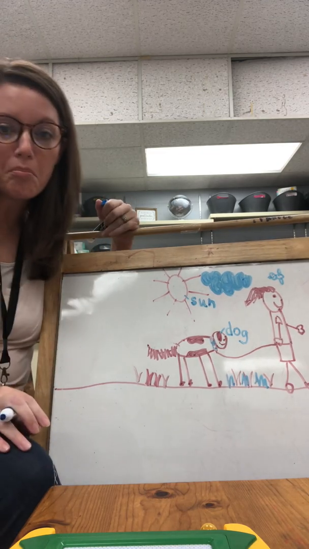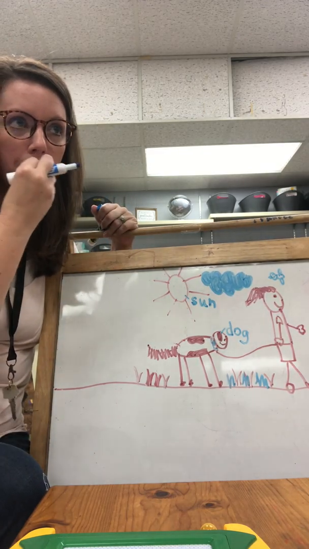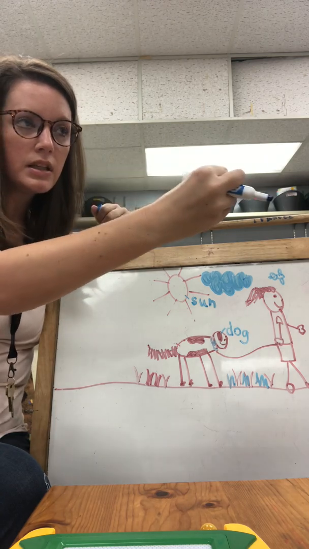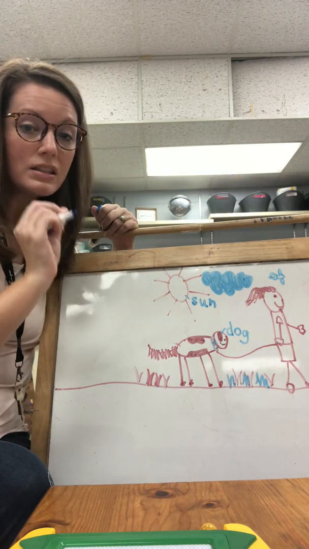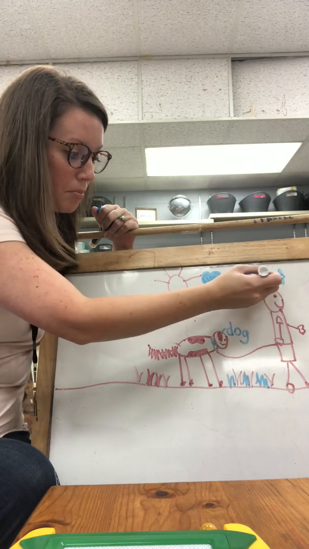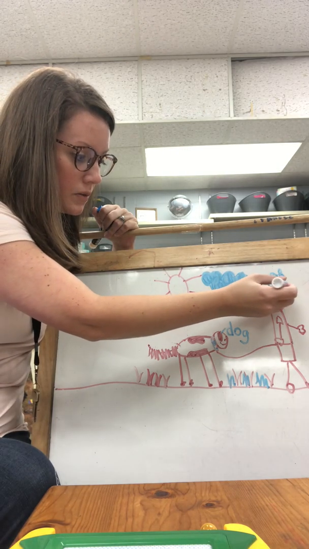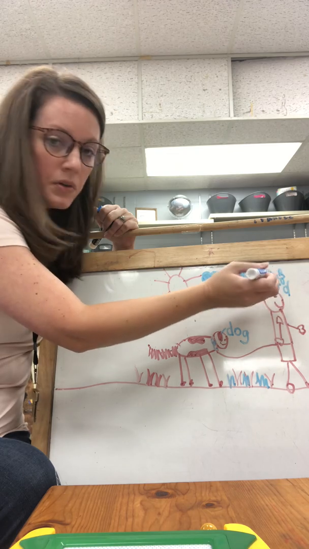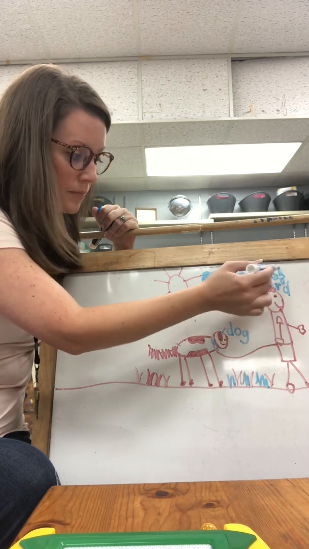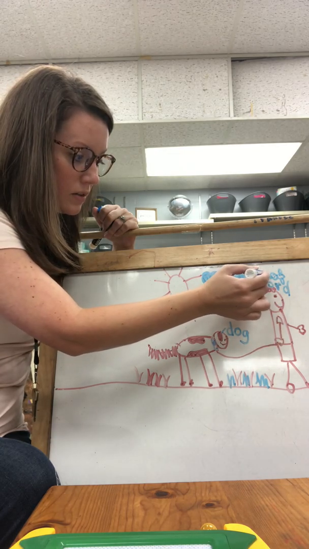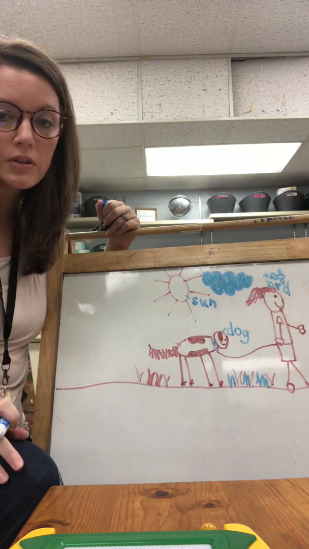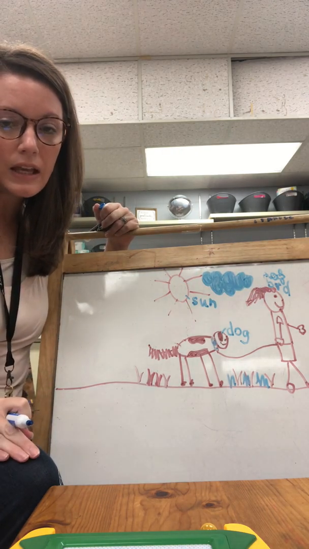How about the bird? Bird. Okay, I'm going to write the sounds I hear. B. D. Bird. There's the bird.